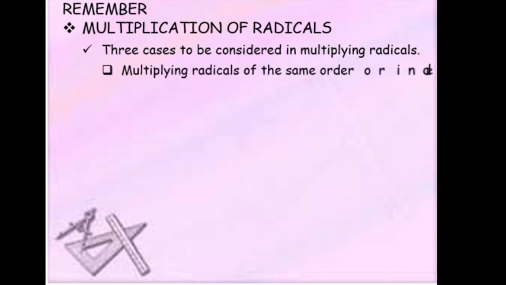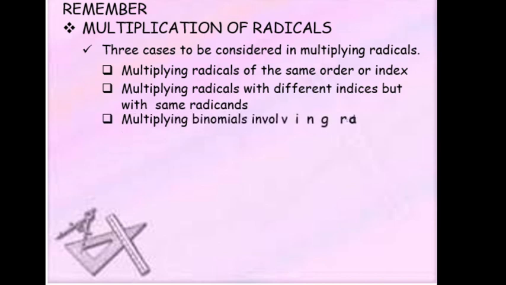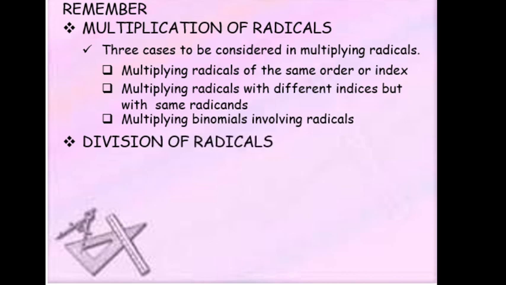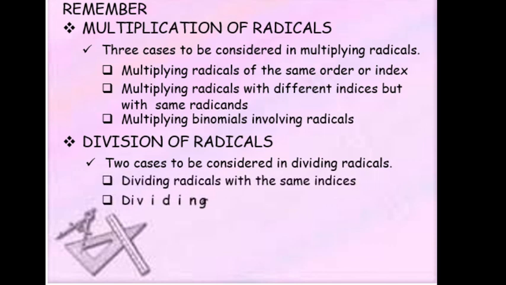First, multiplying radicals of the same index or order, multiplying radicals with different indices but with the same radicands, multiplying binomials involving radicands, and for division of radicals, we have two cases to be considered in dividing radicals. First, dividing radicals with the same indices. Second, dividing radicals of different order.